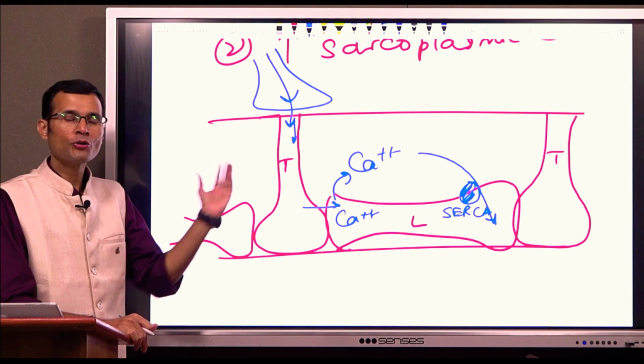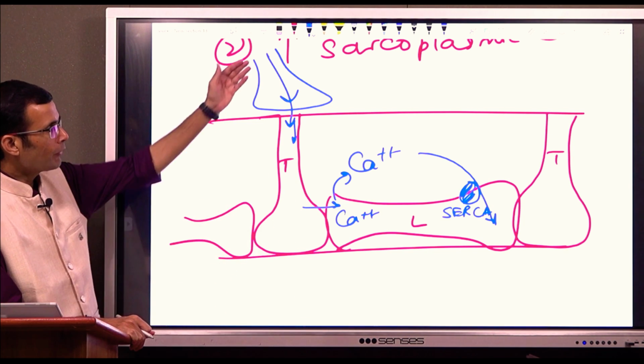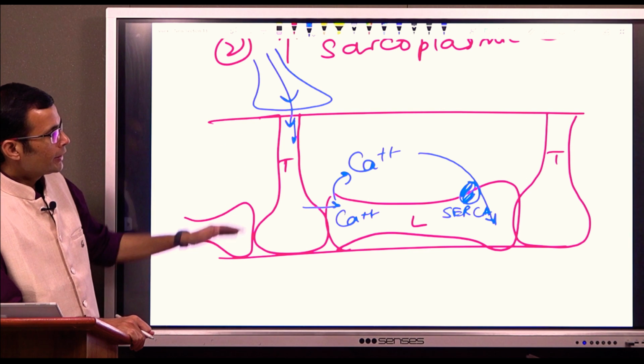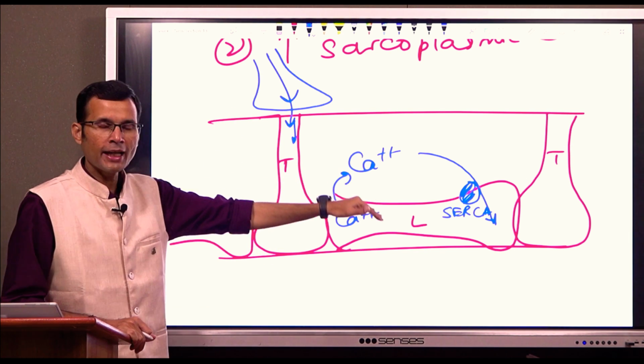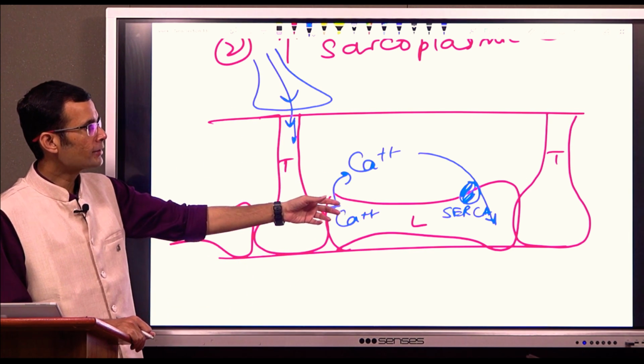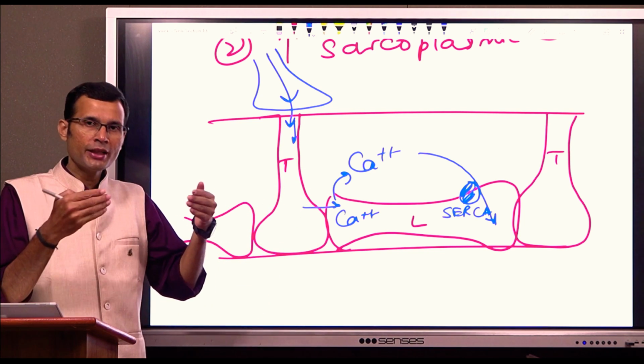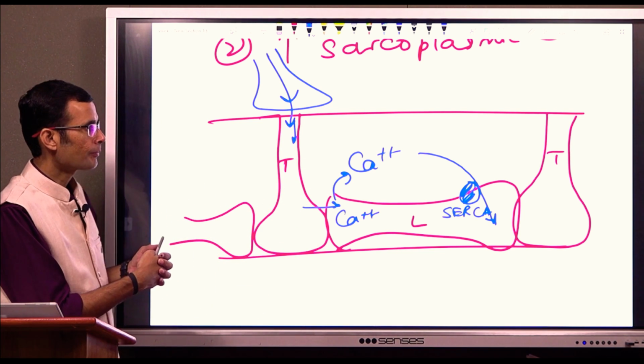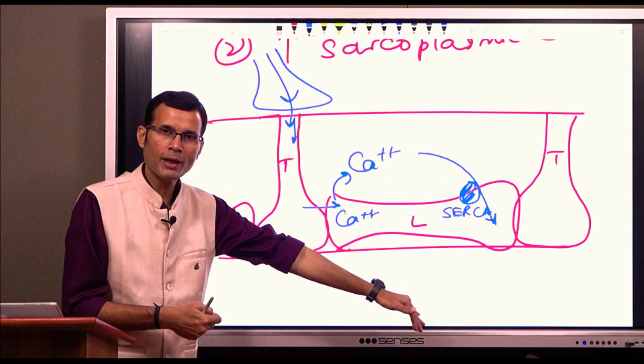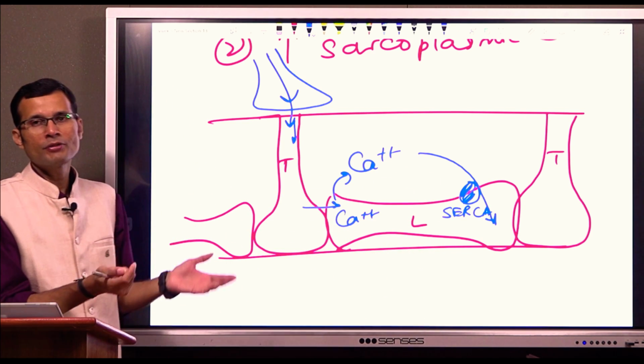This is how muscle contracts and relaxes. When an impulse comes from the nerve, it enters the muscle, triggers calcium release into the sarcoplasm, and that initiates the thin and thick filament interaction. When calcium is removed from the sarcoplasm and sent back, the muscle will relax.